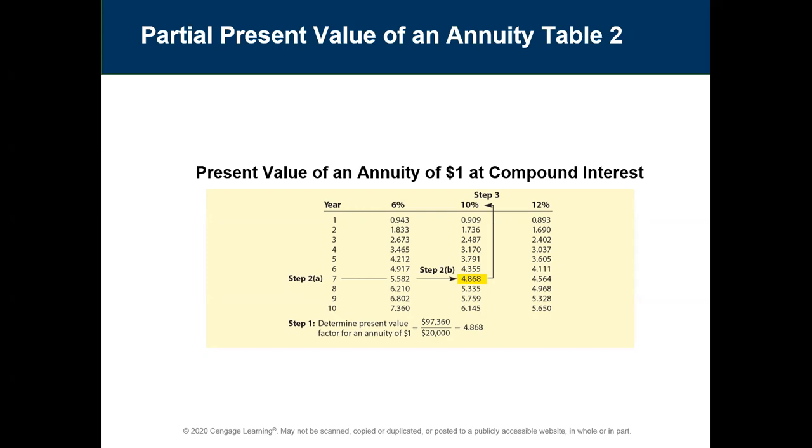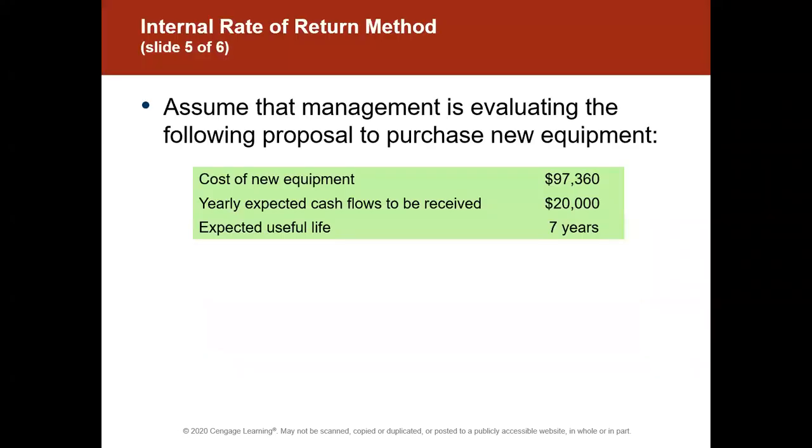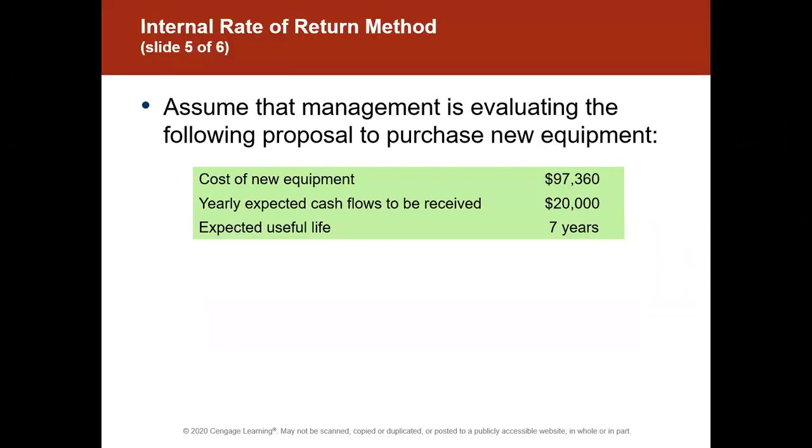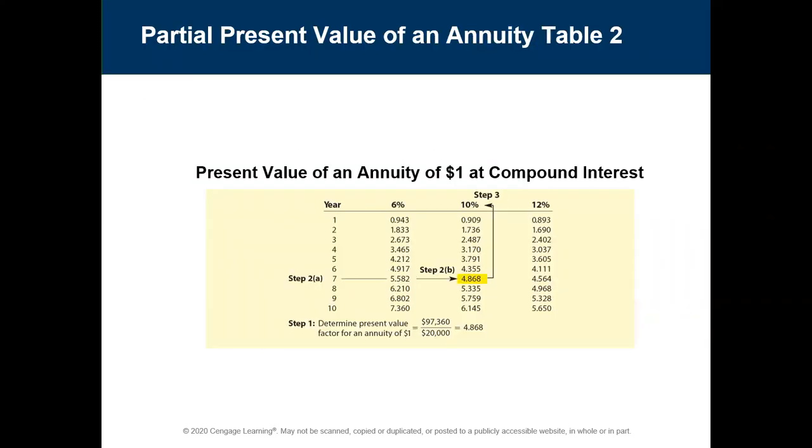We find the factor that we calculated by taking the cost divided by the cash flow, which gives us 4.868. Then we go down to 7 years and across until we find that factor, and then we go up and see that the rate of return there is 10%. That's all. It's pretty easy.